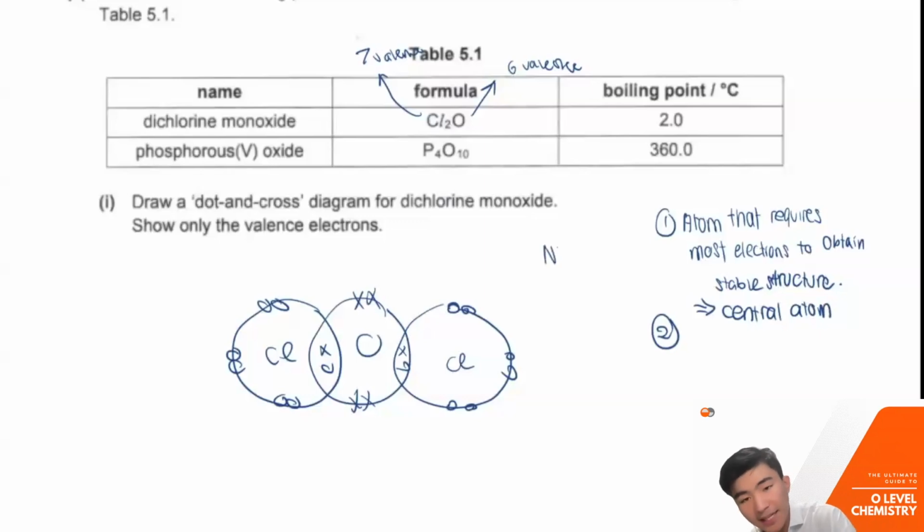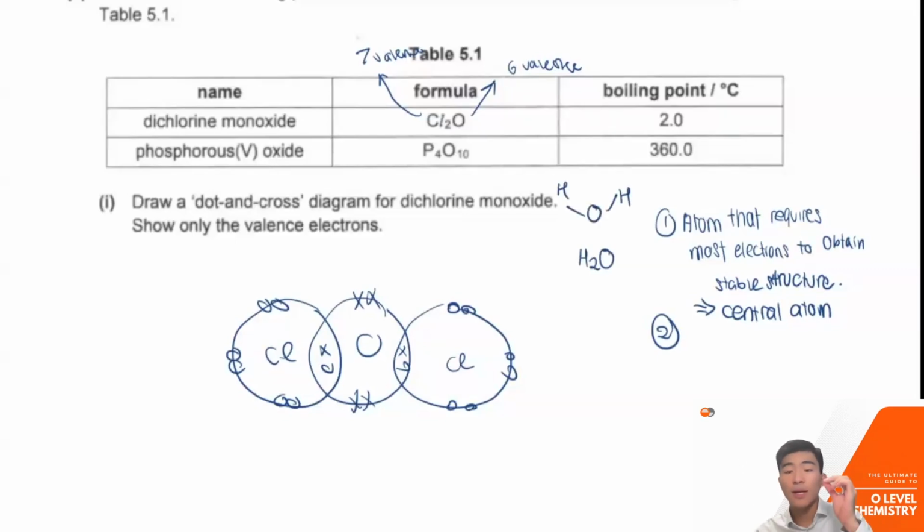So for example, if you draw NH4 plus, the cation, you need to know that NH4 looks something like this. If you are drawing H2O, very simple as well: oxygen will be in the center, hydrogen will be at the corners.